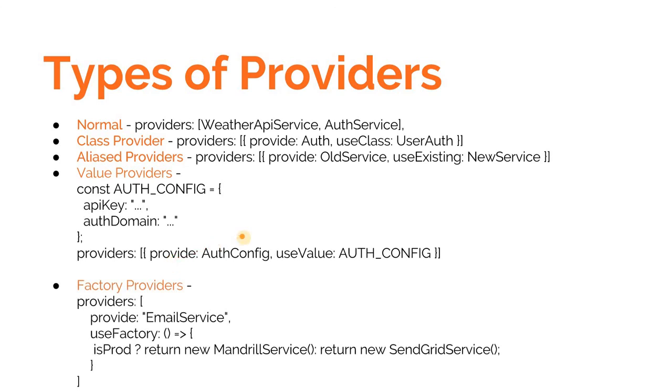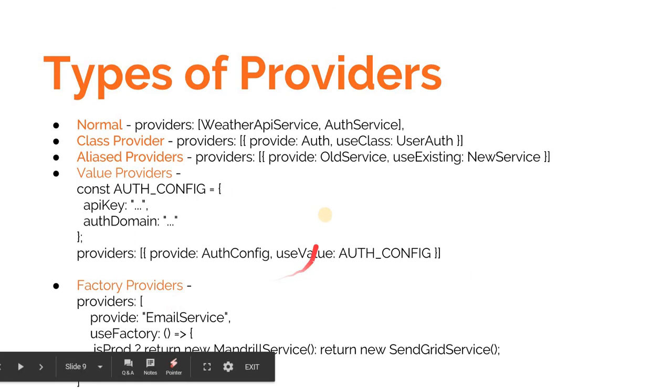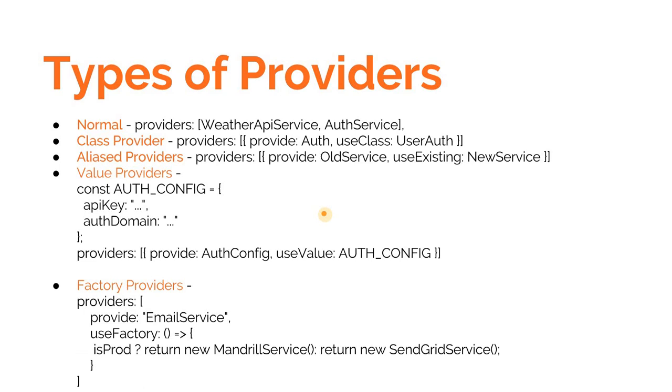So this basically can be very useful in cases wherein you want to have different instances in case of different environments. So say for example, if you have an environment like prod and dev, and in prod you want an instance of some other service as a dependency, while in dev you want an instance of a different service, then you can essentially use a factory provider as you can see on the screen here.